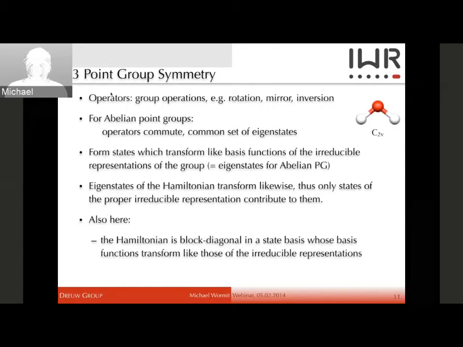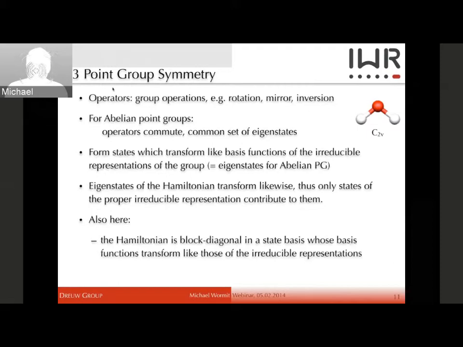Yeah. So these functions you have to construct from your basis sets in our case, and then you can group these functions according to the irreducible representation they belong to, and then it's sufficient to diagonalize the Hamiltonian in the set of these functions, because only functions belonging to one irreducible representation contribute to a certain eigenstate of the Hamiltonian, which also then belongs to this irreducible representation.